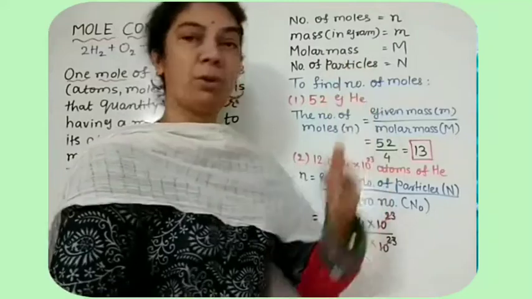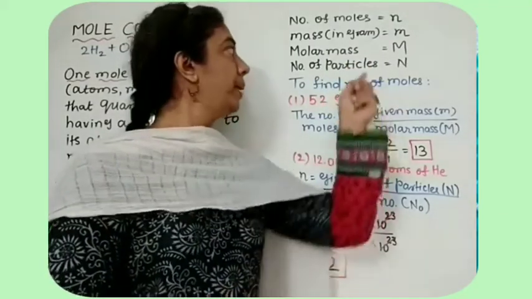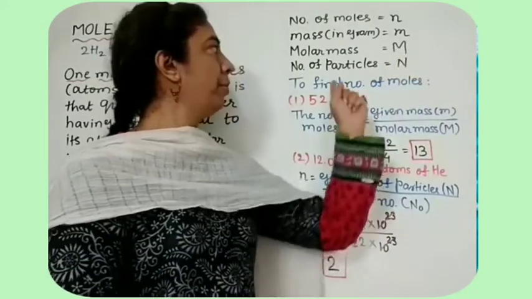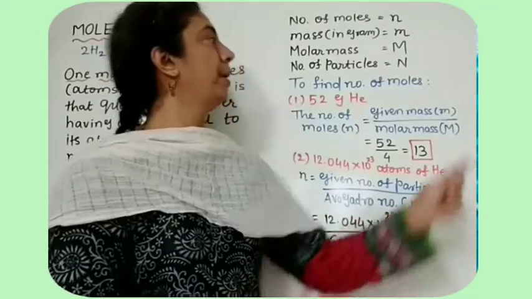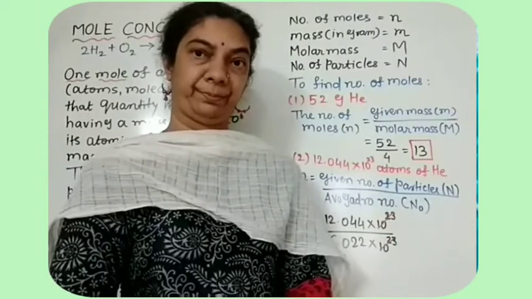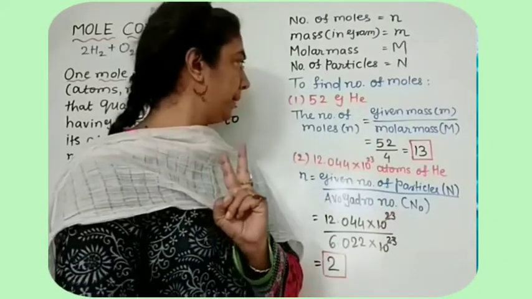Molar mass or molecular mass of any substance is denoted by capital M, and the number of particles, if it is given in the question, is denoted by capital N. Let us understand that with two examples.